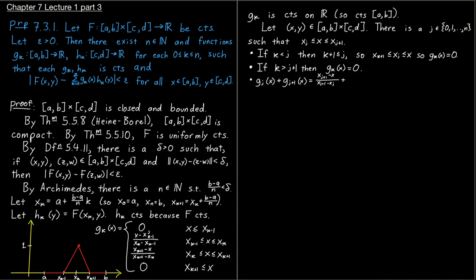And then if you think through what g_{j+1} is, you get x minus x_j over x_{j+1} minus x_j. And when you add them, the x's cancel out and you're left with just a 1. And also note that g_j is always between 0 and 1, and so g_{j+1} is also between 0 and 1.